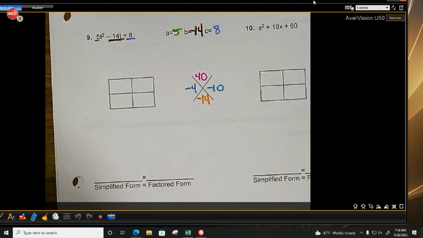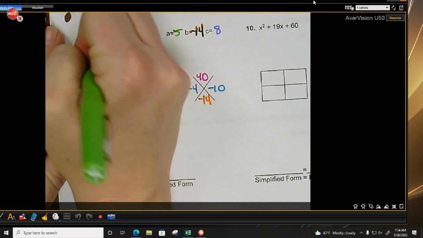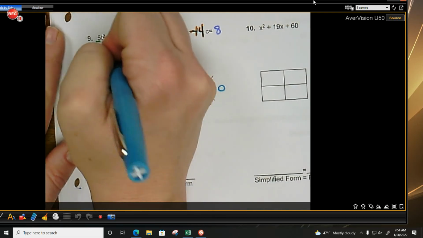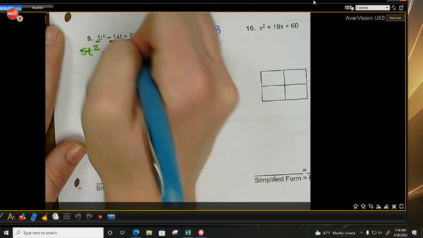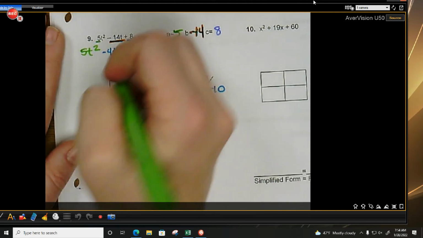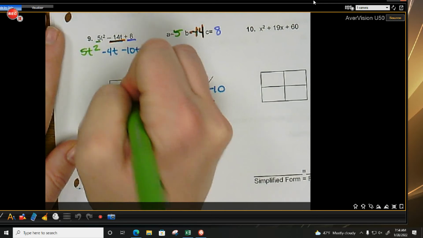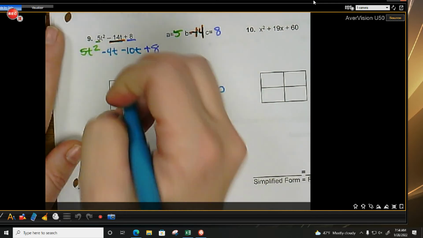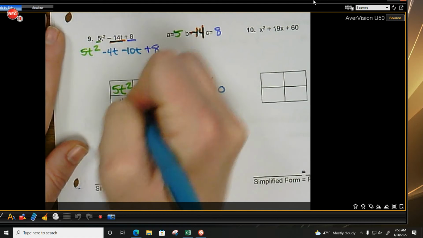So negative 4 and negative 10. I'm going to rewrite this as 5t squared minus 4t minus 10t plus 8. First term, first box. Last term, last box. Middle terms in the middle box.